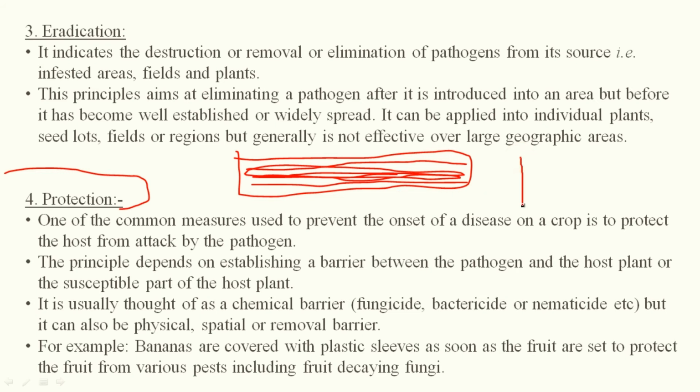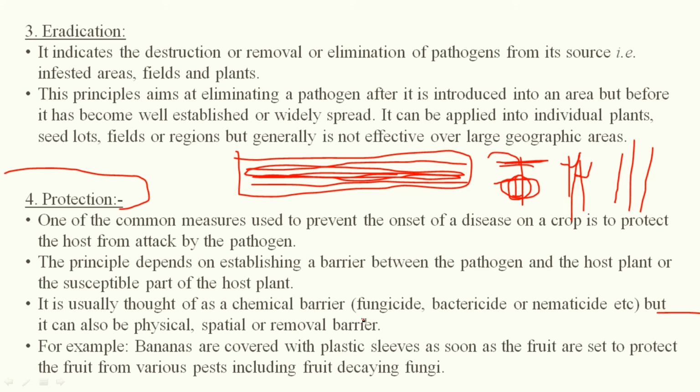Or suppose the pathogen is here and the susceptible part is this one. So we have to make a barrier here also, either between plants or between plant rows or between the susceptible part of the plant and a resistant part of the plant. This strategy is known as what? Protection. We are protecting the susceptible plant, susceptible rows or susceptible plant part.